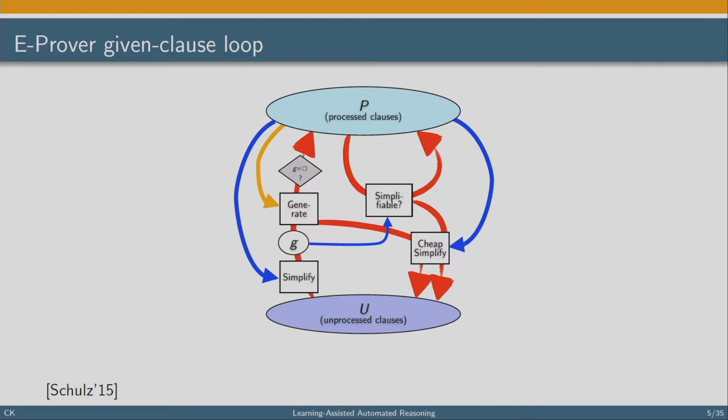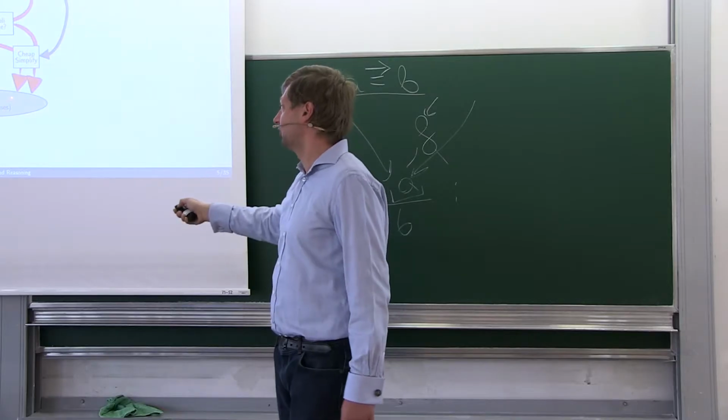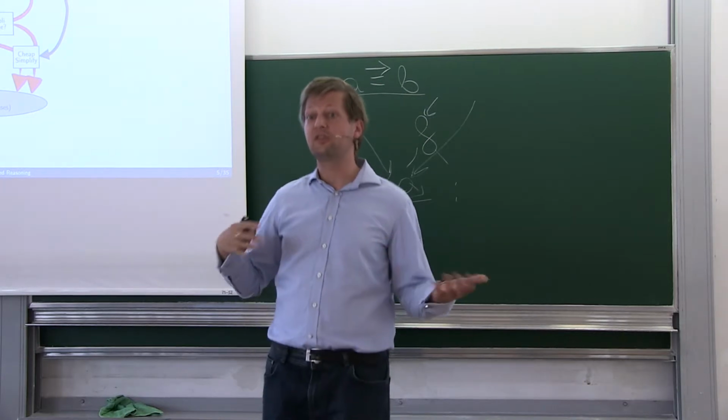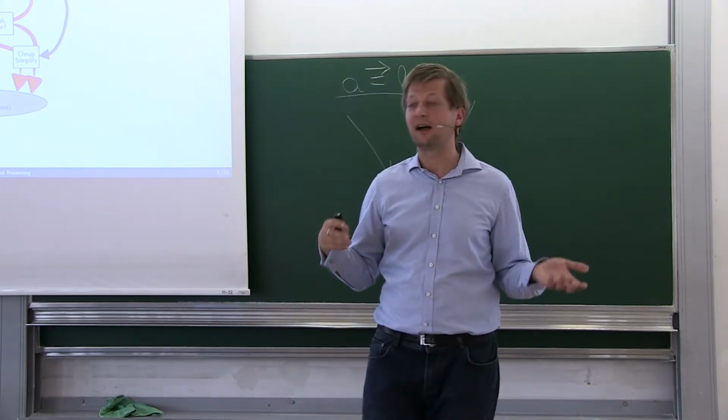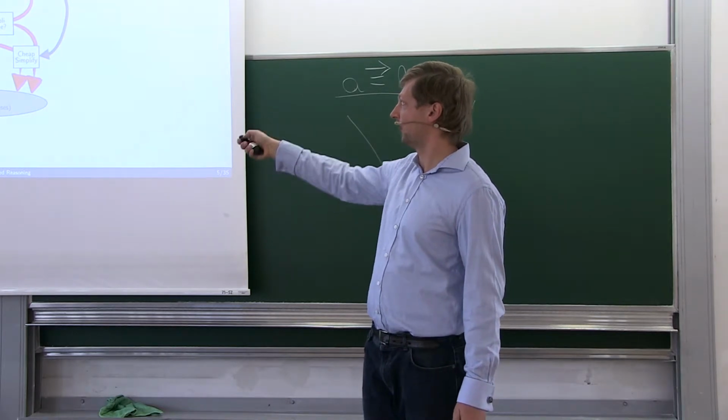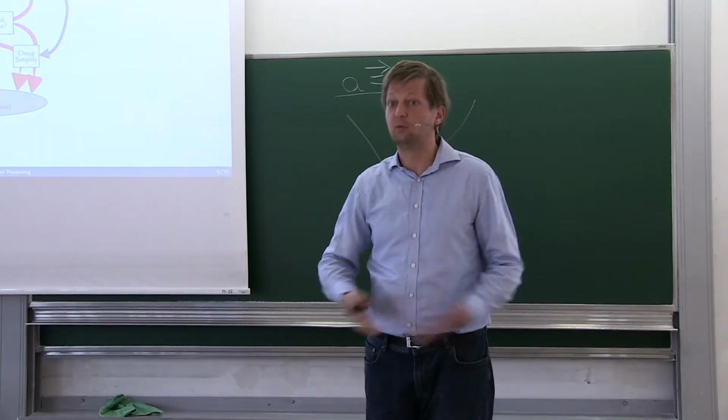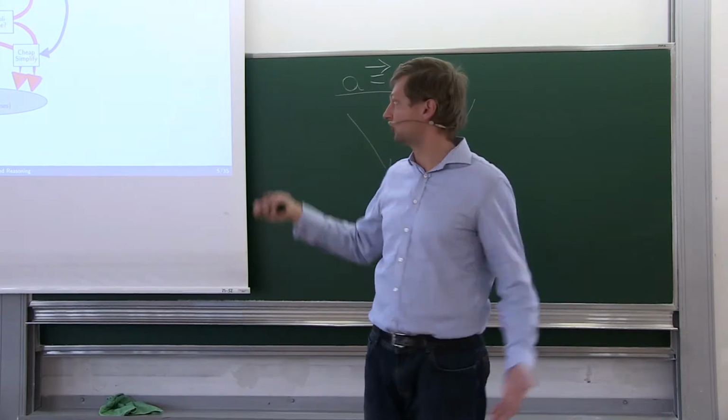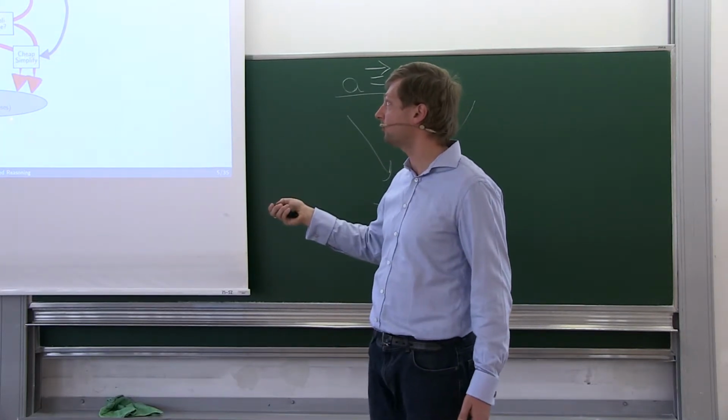Every time we're processing things, the set U is growing by a number of new generated clauses, but hopefully it could also be the case that some of the unprocessed clauses do not give rise to new things, that there are no possible inferences, or the things that are derived can immediately be simplified, and therefore there is nothing new added. So there is some uncertainty as to how these two sets grow, but in principle we have two growing sets. We have a growing set of processed clauses, and a growing set of unprocessed clauses.